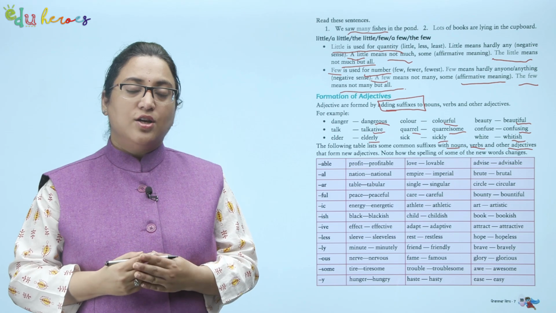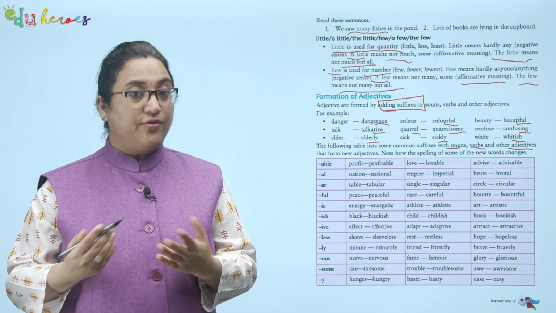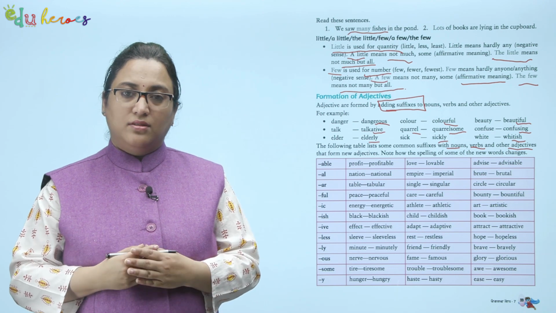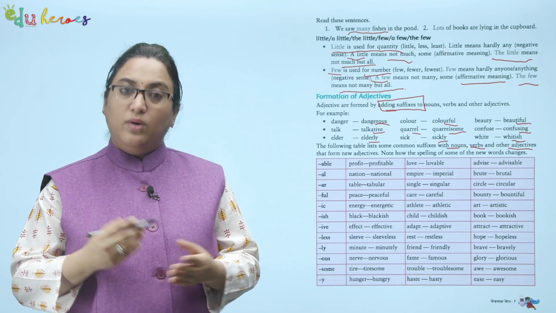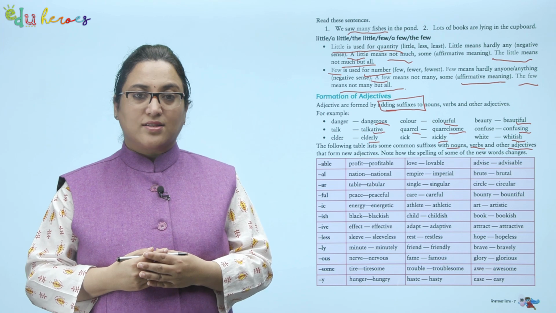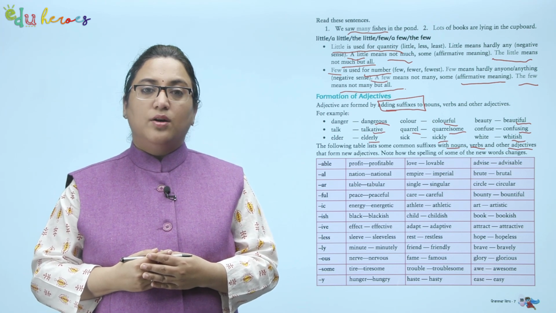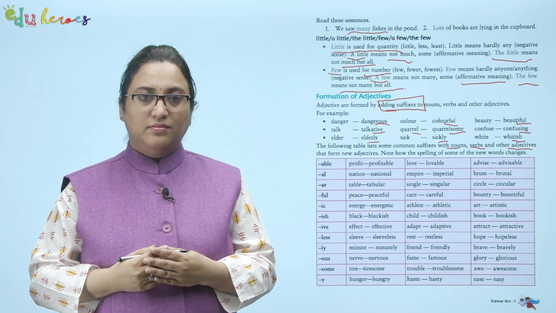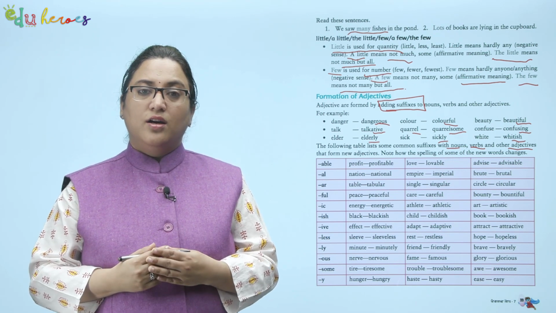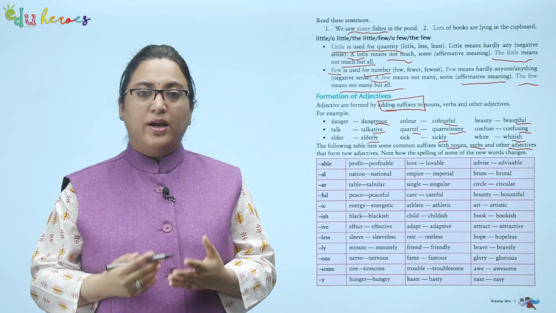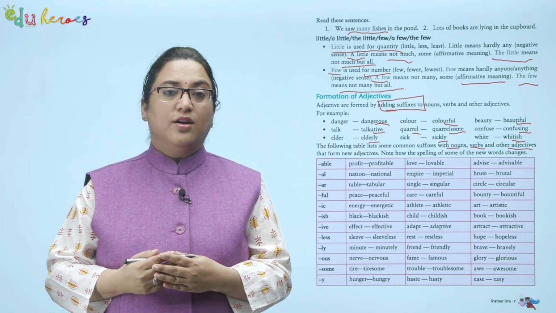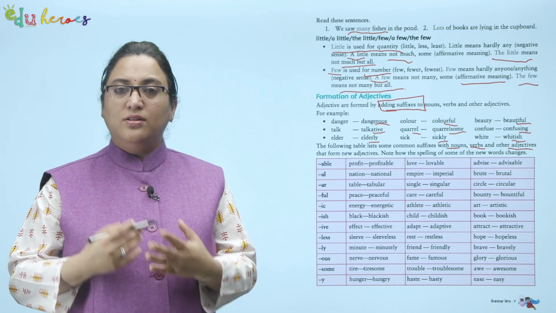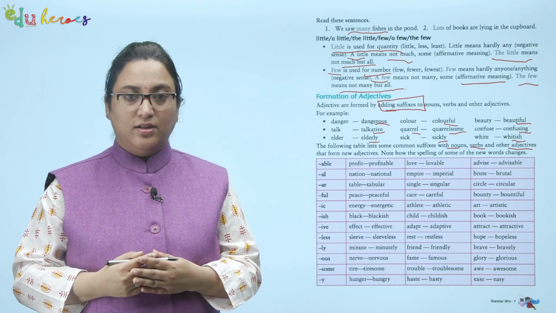In some cases, you will just add the suffix, while in others, you might omit a few letters in the original word. First, ABLE: profitable, lovable, advisable. AL: from the words nation, empire and brute, we create adjectives like national, imperial and brutal.